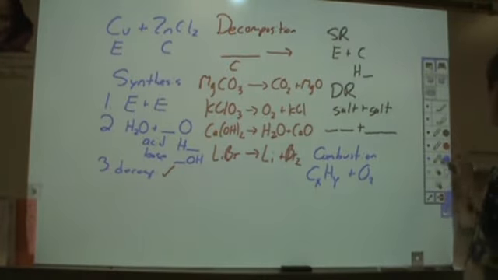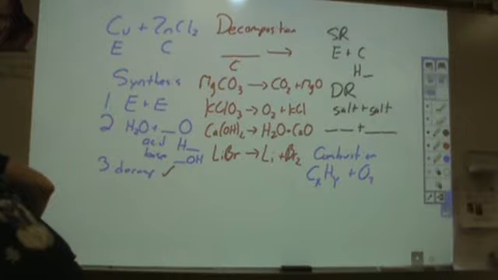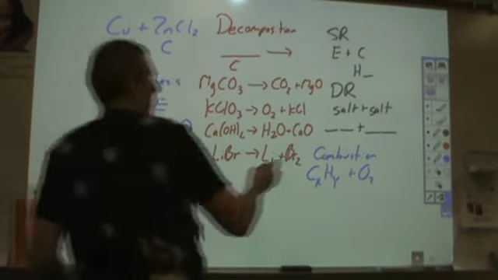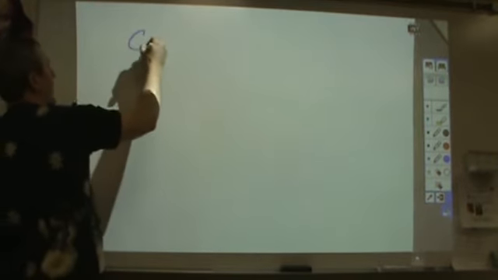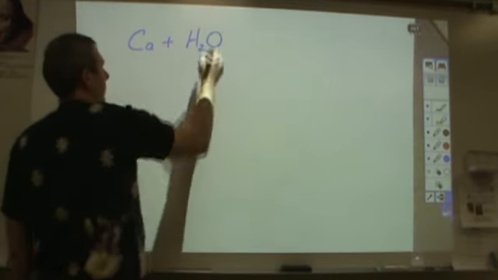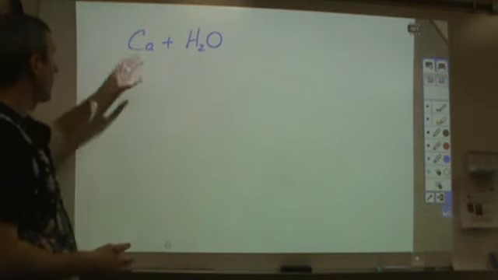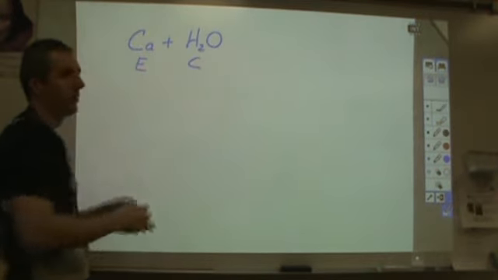Okay, so if we go through and we now look at some various types of reactions, let's go ahead and look at something we can make up. So if I say calcium plus water, okay? Calcium plus water, I would start by saying, here I have an element, here I have a compound.